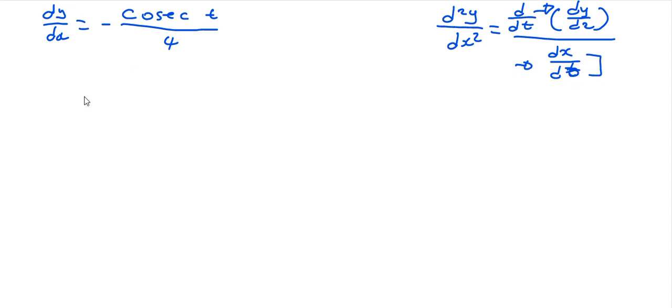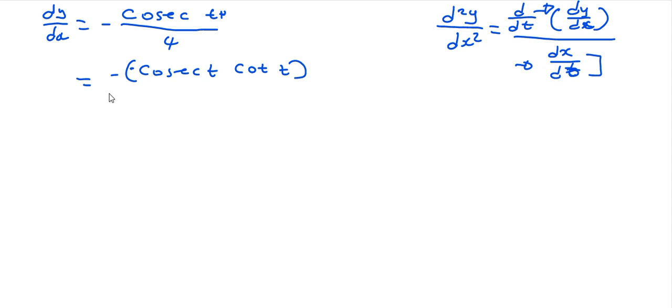Okay, let's apply that. We are going to derive this function at the top, so our derivative of this is negative cosec t cot t.